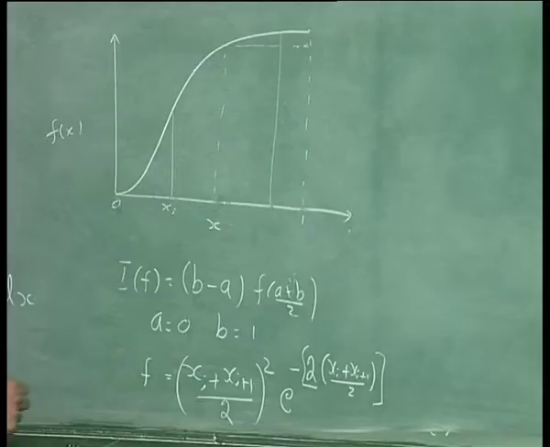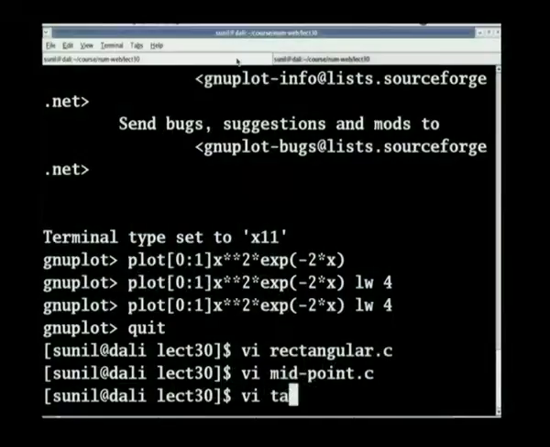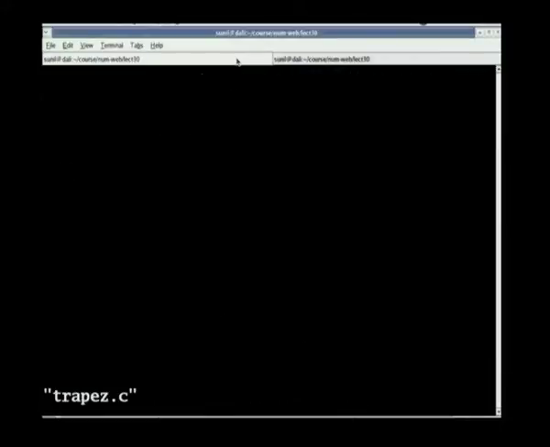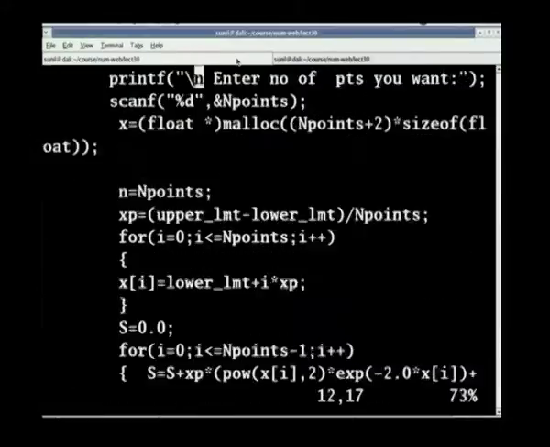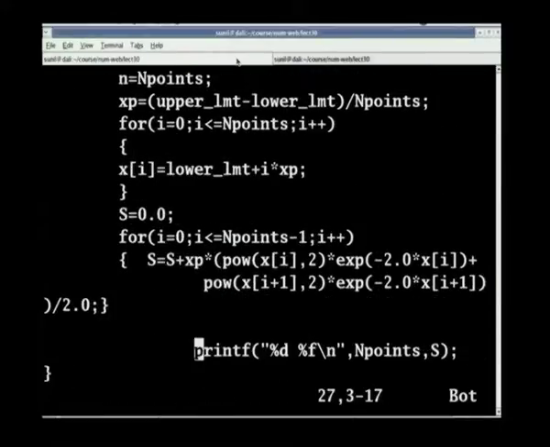So here is a program which does that, the trapezoidal one. The initial part is again the same. You have the endpoints at which it has to be evaluated, the number of intervals, etc. Now here I have changed this. I need to evaluate for each interval dx, and dx by 2. So at the end I have a by 2 sitting here.